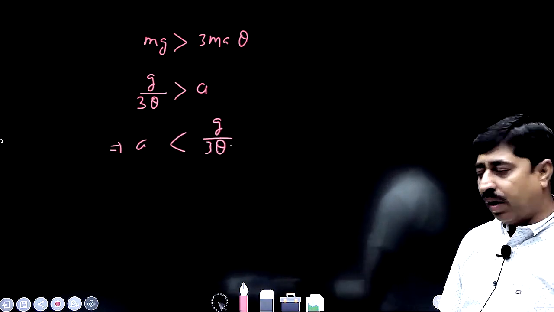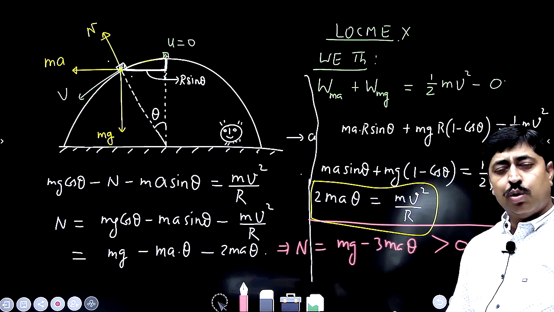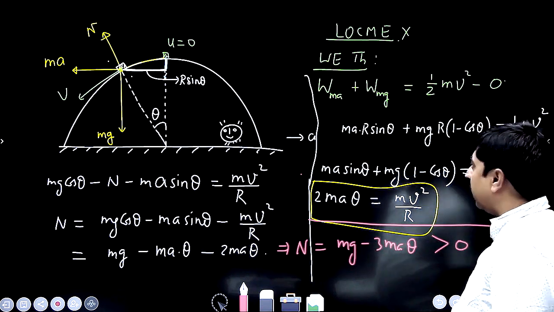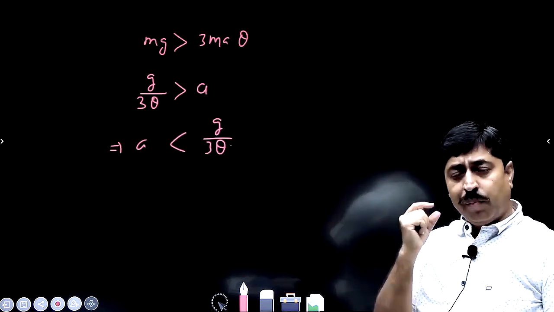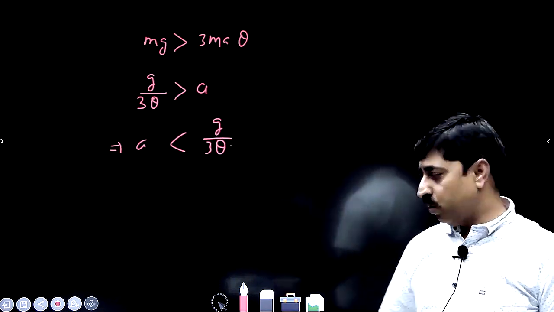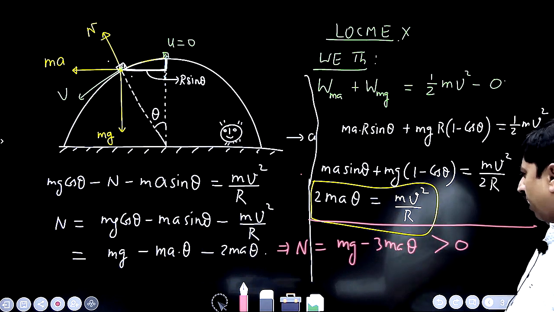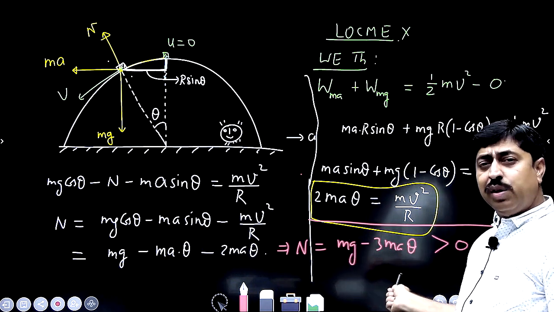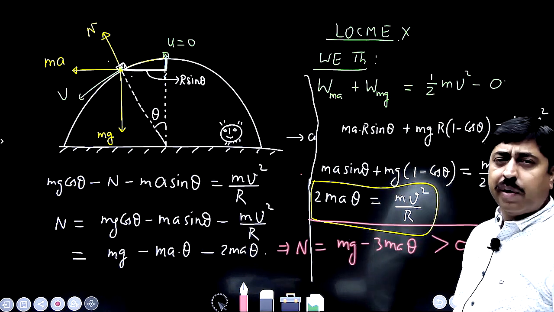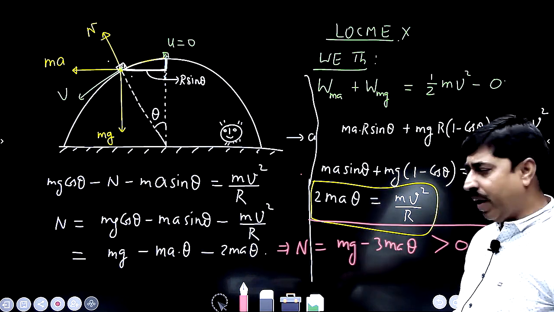So students, acceleration of the hemisphere should be less than g by 3 theta for the block to not lose contact by the time it rotates through an angle of theta, where theta is very small. The normal reaction is greater than 0 till the block has rotated by an angle theta, means the block is in contact with the hemisphere.